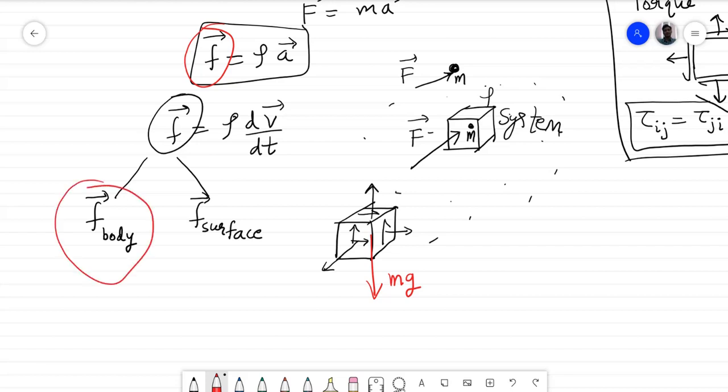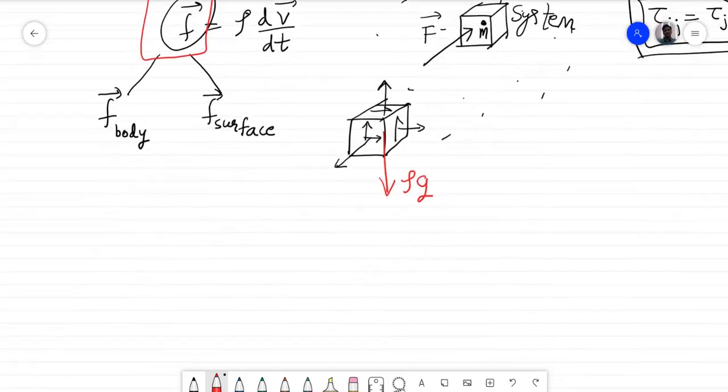So this F body and F surface that we are writing are body and surface forces per unit volume. So for the gravitational force per unit volume, we should write rho g. So mg is the body force and rho g is force per unit volume. That is what appears on the left hand side here.